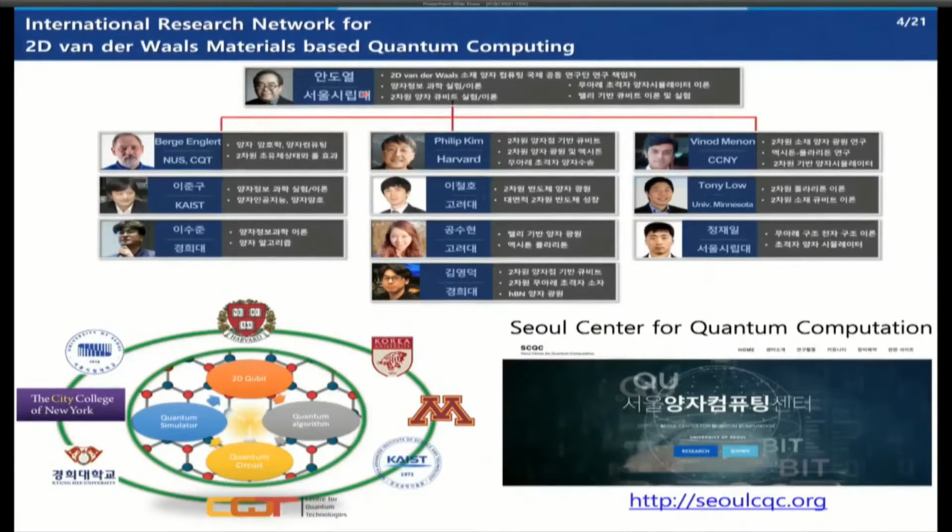Our team is focused on 2D van der Waals materials. Our overseas researchers include Philip Kim at Harvard, Bino Menon at CUNY, Tony Low at the University of Minnesota, and Barbaros Özyilmaz at NUS. So we are exploring the possibility of 2D material for next generation quantum computing and quantum information.